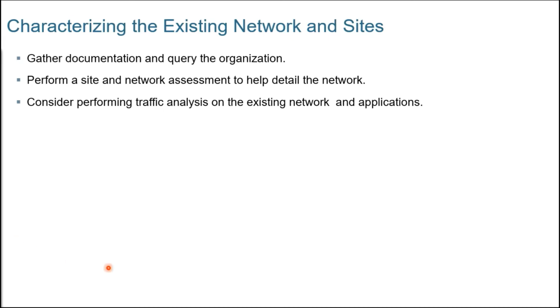Now let's focus on the first one, which is the customer input. Customer input includes all pertinent network and site documentation. Some items the designer could request, depending on the scope of the project, include the following. You could ask for site contact information, especially needed if remote deployments are planned.